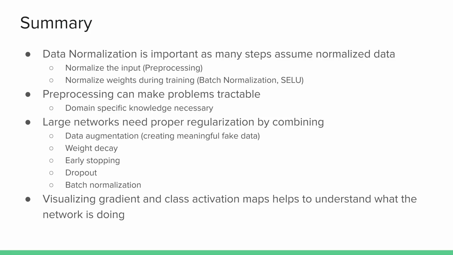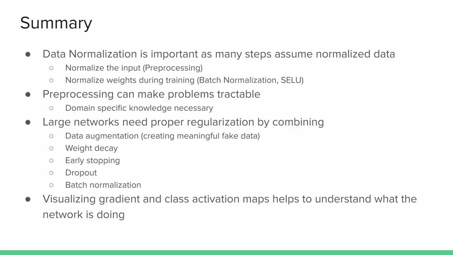Early stopping is where we stop when we see no more improvements on our validation set, which is beneficial for the overall performance, as well as saving time. So I would definitely recommend this one. Then there is dropout, where we can intrinsically train model ensembles, or batch normalization.